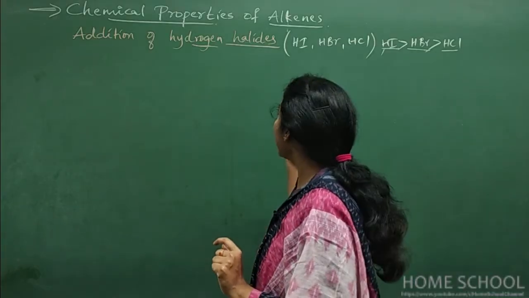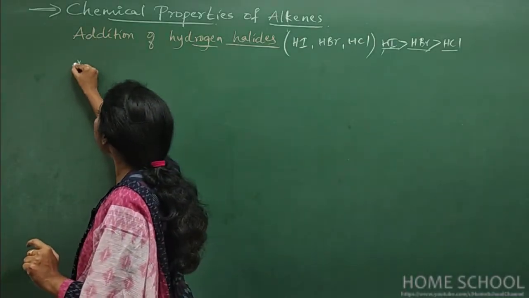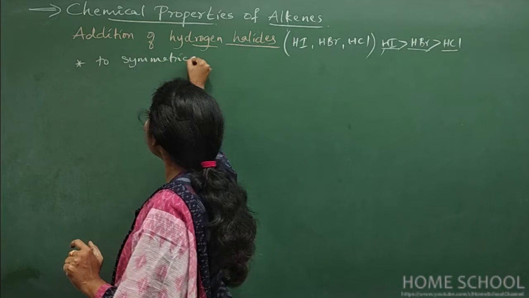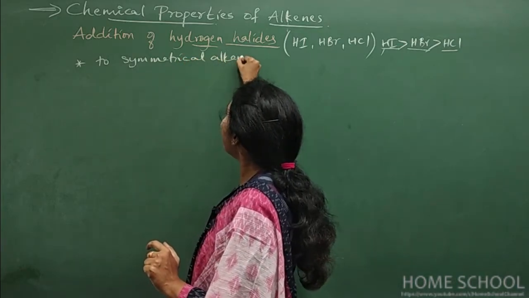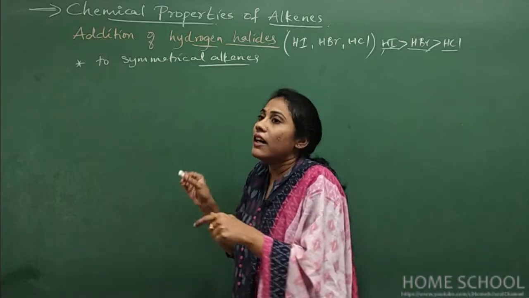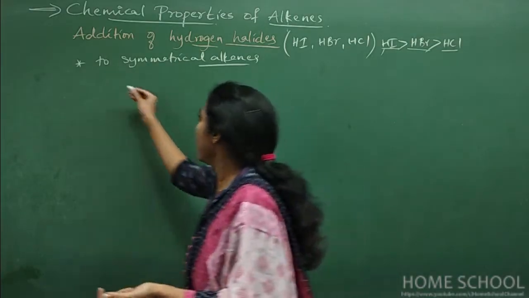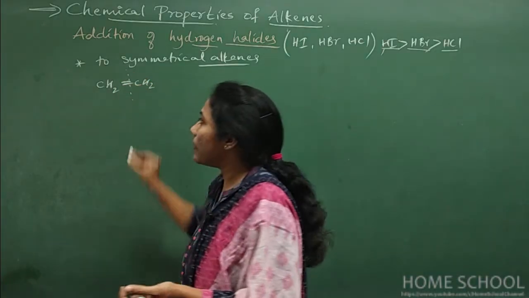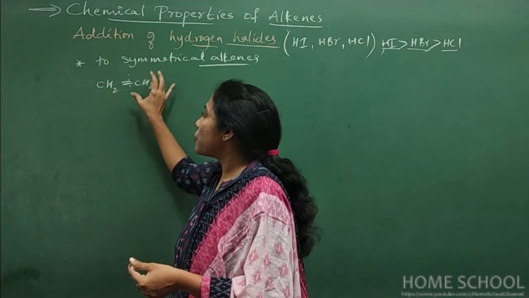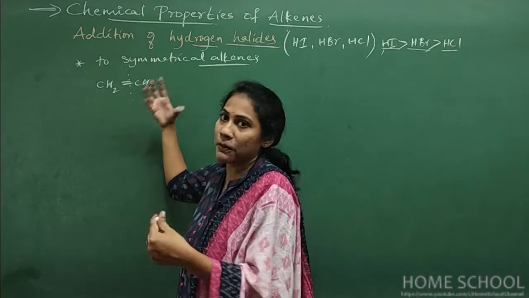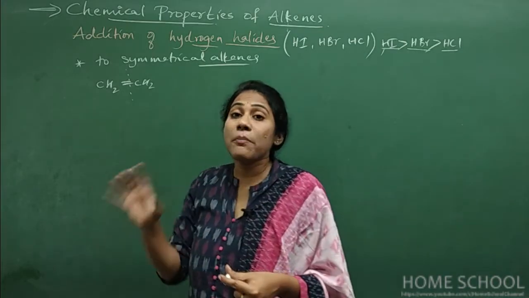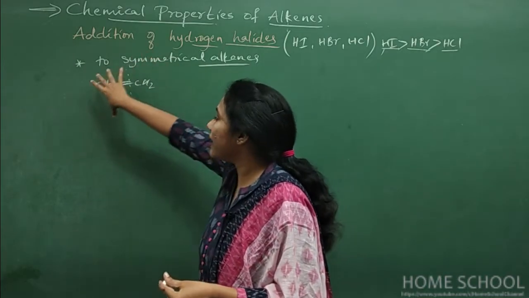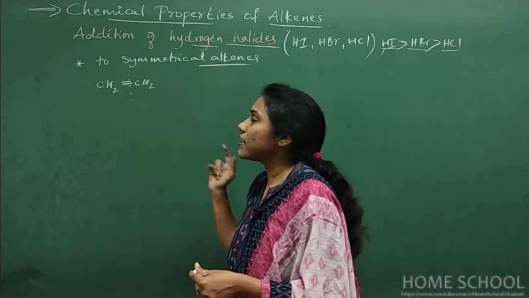Let me first teach you addition of these to symmetrical alkenes. Symmetrical alkenes are symmetrical in the sense that if you cut across the double bond, suppose you have CH2=CH2, and you cut the molecule wherever the double bond is, and you get two equal parts, two same types of groups, then it is called a symmetrical alkene.